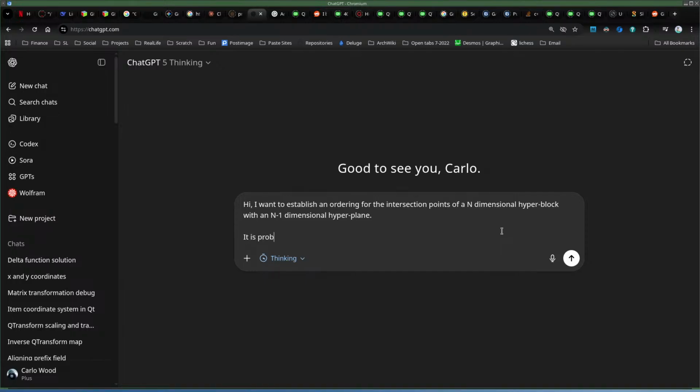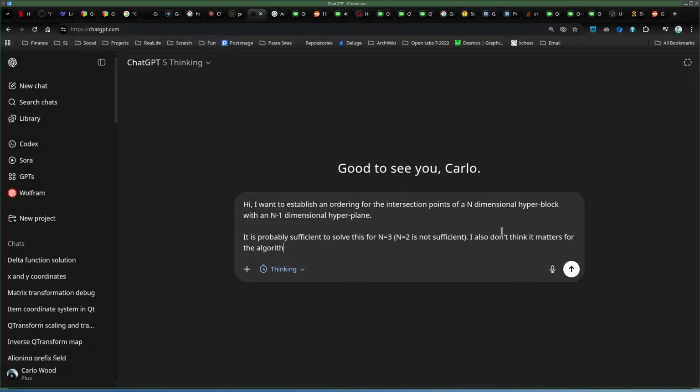It is probably sufficient to solve this for n is 3. N is 2 is not sufficient. I also don't think it matters for the algorithm if the block is a cube.